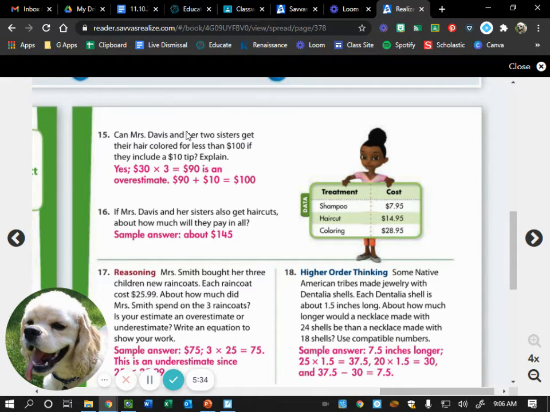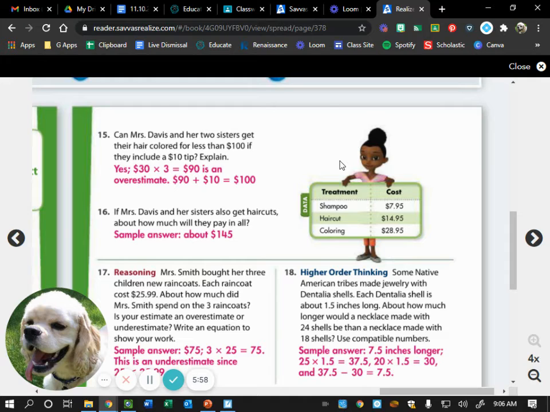Now they're asking if they can get their hair colored for less than $100 if they include a $10 tip. You should have said yes, because all of us rounded $28.95 up, right? You either rounded it up to $29 or up to $30. Now, the $100 and the $97, that's not how much they're actually going to pay, is it?